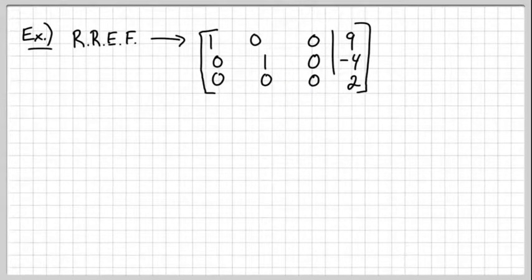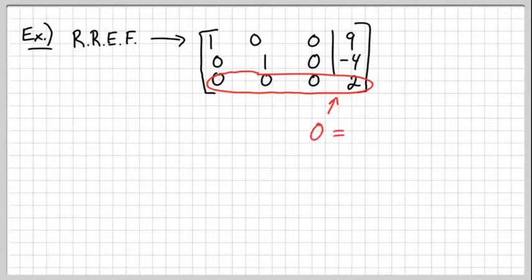So I can see where there's an obvious answer, like you might say x equals 9 or y equals negative 4. But down here, this is like saying 0z or just 0 equals 2. So that's where I take issue, is that last row. If you get something like this, where you have an issue in that last row, you'll notice, 0 equals 2, like that's what it's trying to suggest.